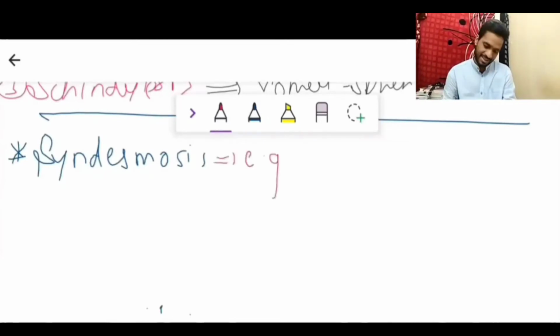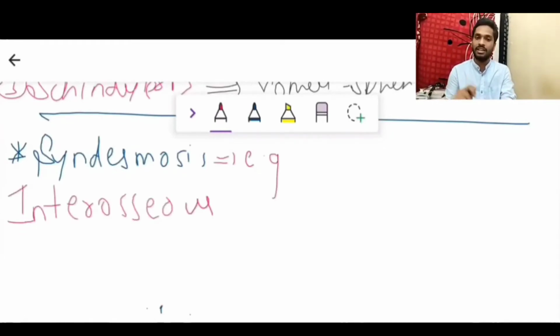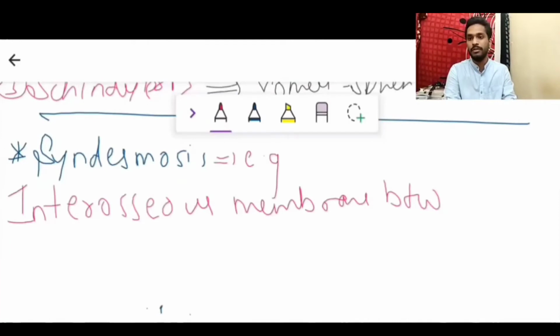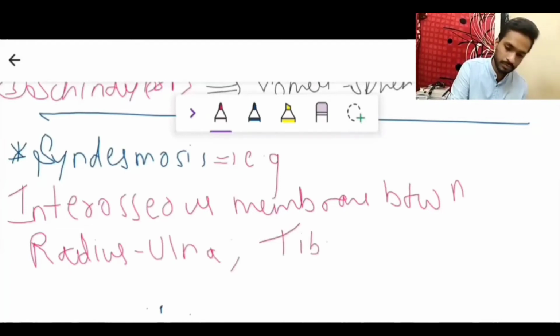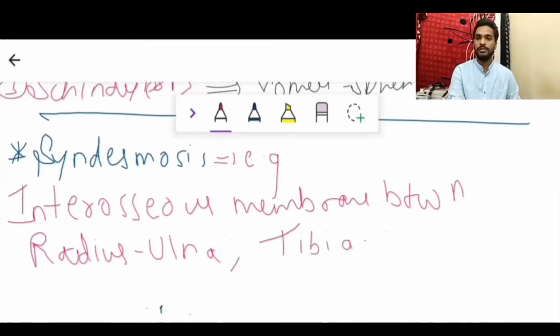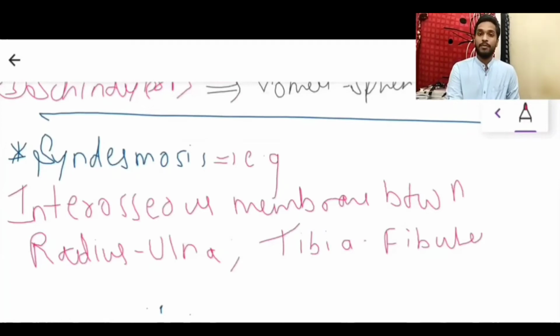The example is the interosseous membrane between radius and ulna, and also the interosseous membrane between tibia and fibula. So this was syndesmosis, which is a type of fibrous joint.